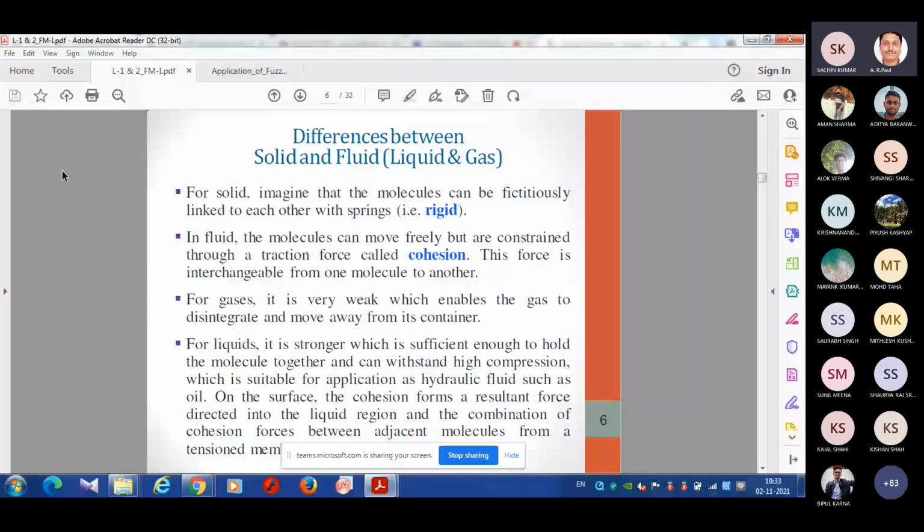So if you see gas, gas has a very weak cohesive force. The intermolecular forces of gas are very weak. So that's why it has no attractive forces among themselves, and it can freely move.